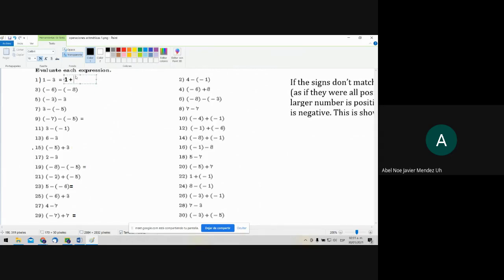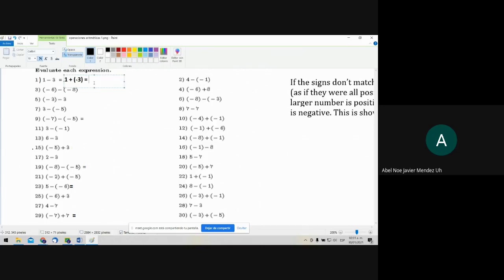plus minus 3. Okay, now we have here an addition, but if I observe here, we have an addition, but the numbers have different signs.